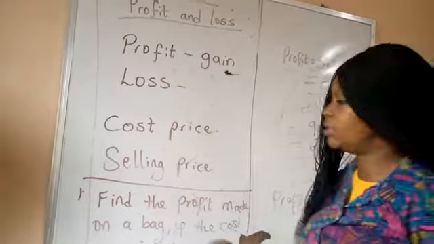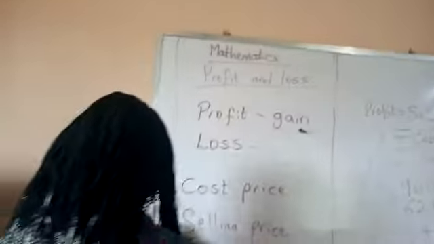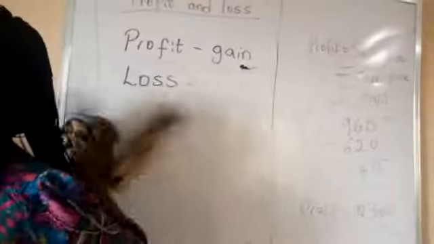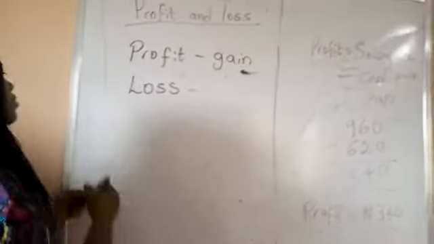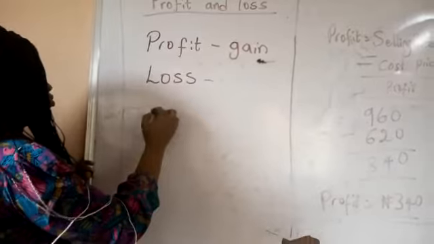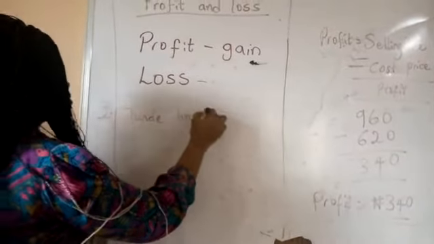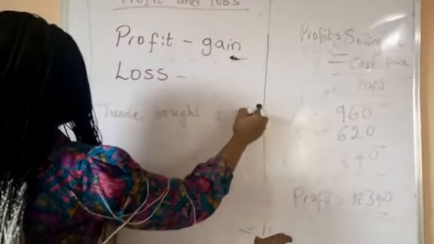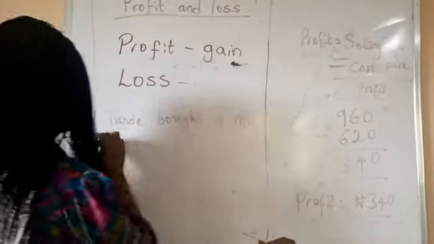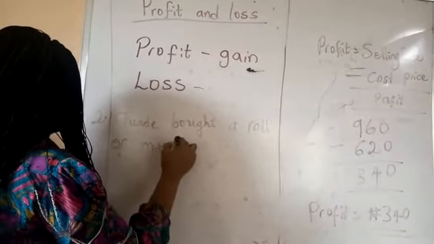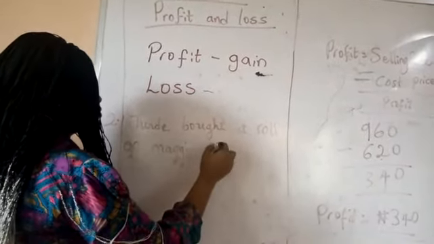Now we are going to calculate the loss of a particular commodity. This is example 2.